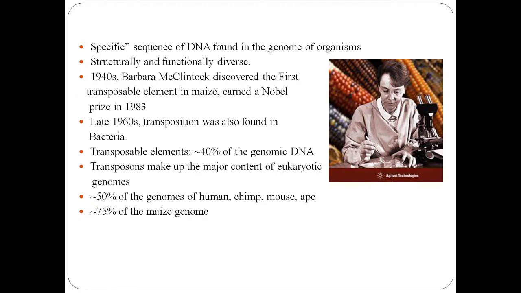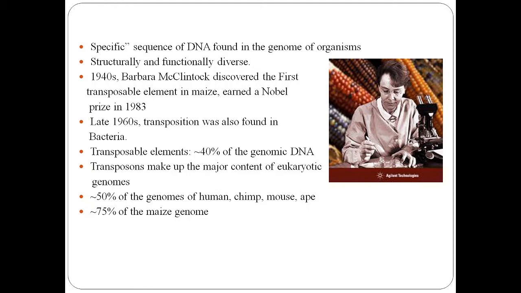These are specific sequences of DNA which are found in the genome of organisms, structurally and functionally diverse. In 1940, Barbara McClintock discovered the first transposable element in maize. For this, she earned a Nobel Prize in 1983. Later on, in 1960, transposition was also found inside bacteria, approximately 40% of the genomic DNA.